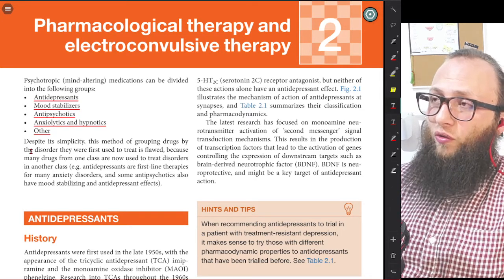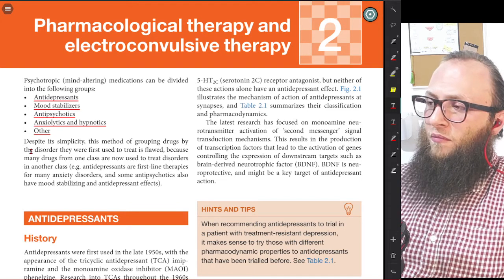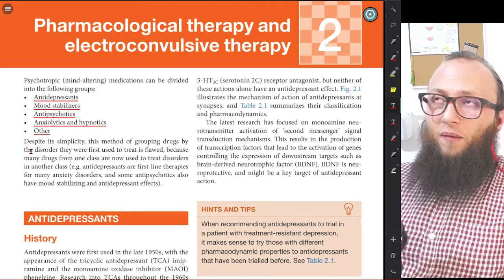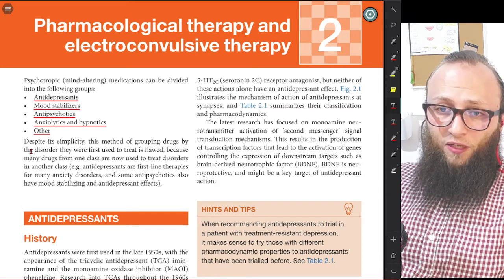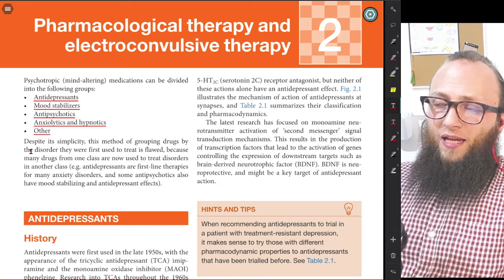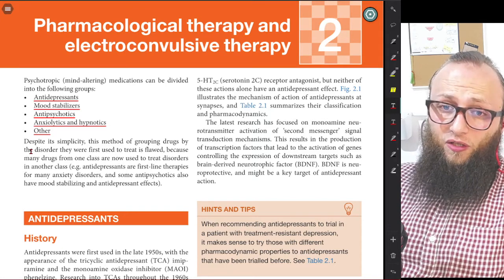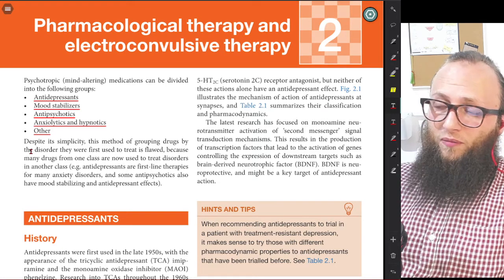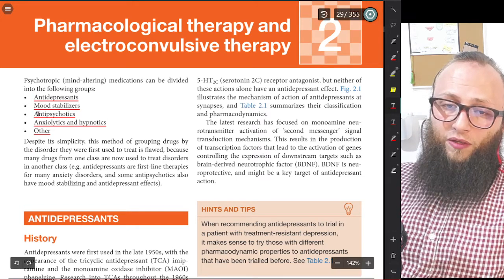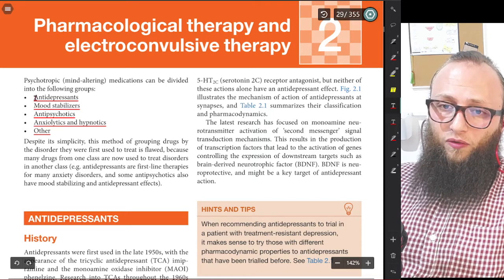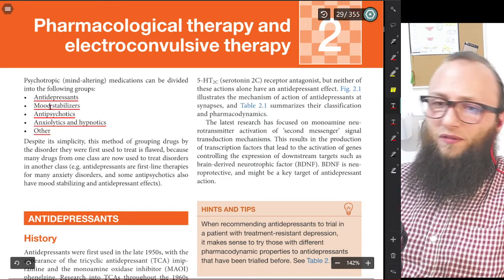And that's why you can find a lot of books nowadays describing psychotropic medications by their molecular function rather than clinical function. So, for example, Kaplan and Sadock would arrange the medications not according to this classification: antidepressants, mood stabilizers, and antipsychotics.